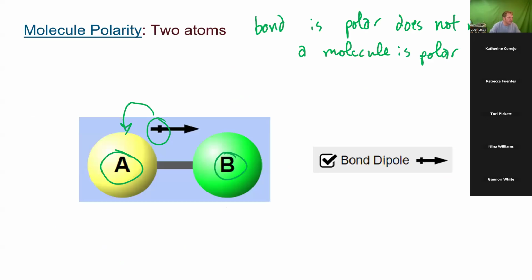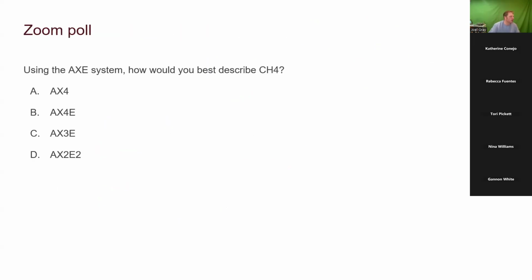Now we've got what I think is our last poll question. Using the AXE system, how would you best describe CH4? We got a central atom. We got 4 adjacent atoms.